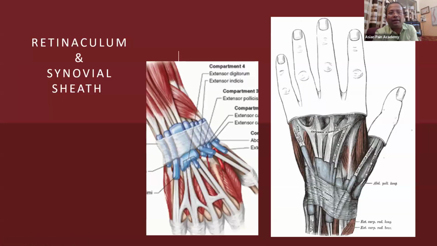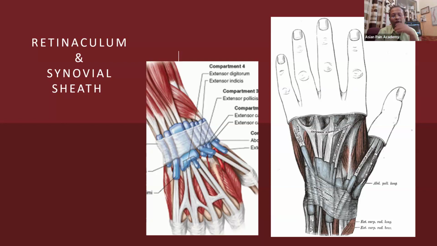Now comes retinaculum and synovial sheath. Already I have talked about it, from deep to above: first the bone, then bone and joint, then ligaments. Only 2 ligaments are important here, as I told you. Then comes muscle and tendons, and then the important retinaculum and synovial sheath.